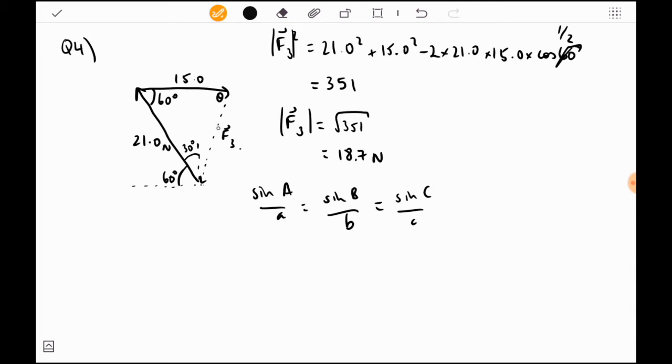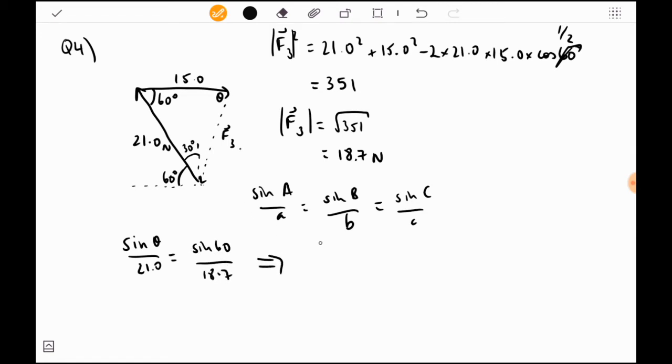So I can use this and F3 and 60 degrees to find theta. Another way of writing this, we can write sine theta over 21 is equal to sine 60 over 18.7.